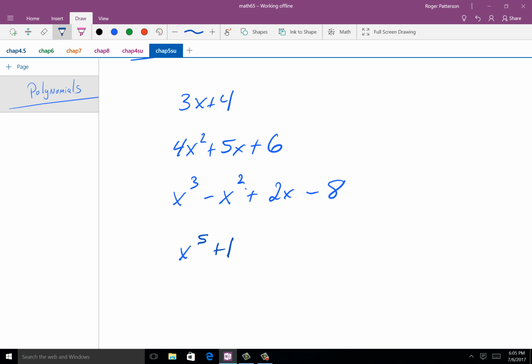So these ones all are polynomials. Okay, separately they are.